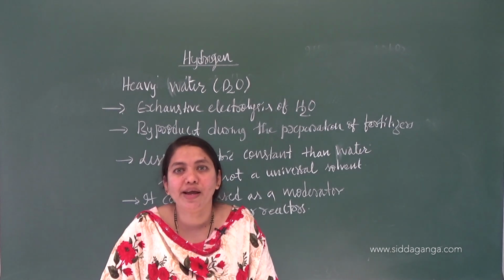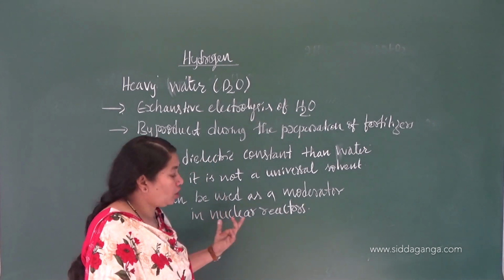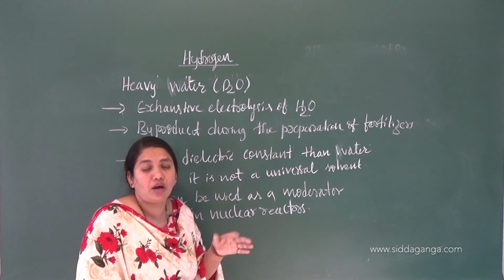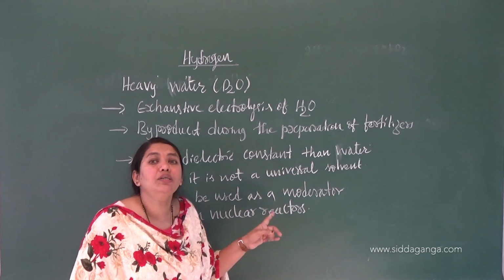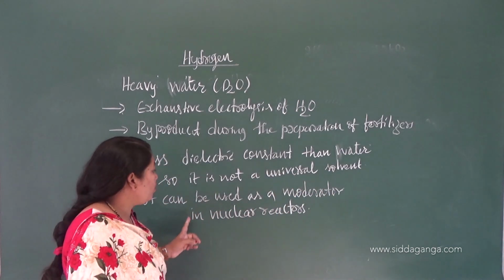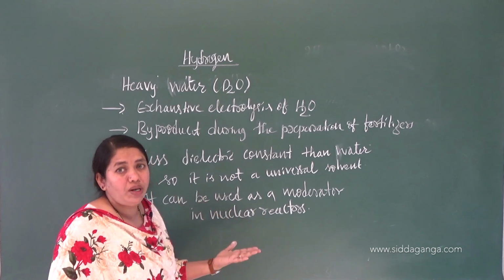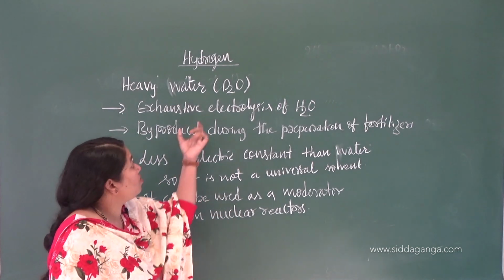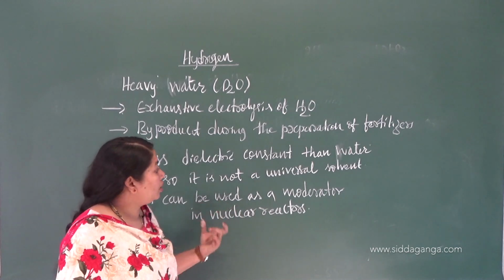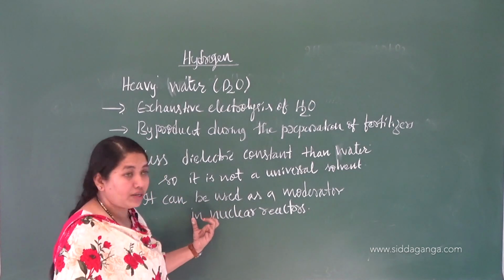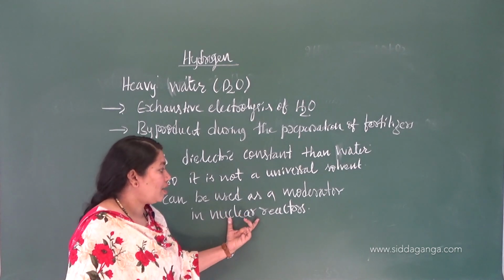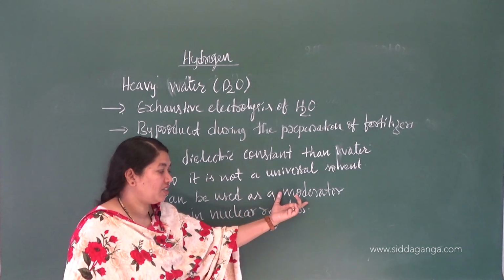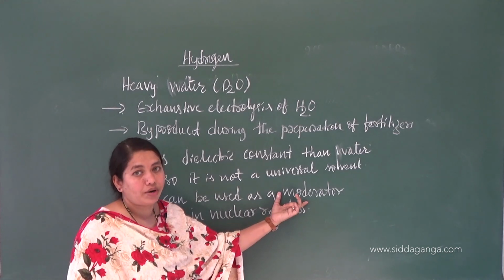During nuclear reactions there will be production of neutrons, and they have very high speed, they are highly energetic. So to control the speed of those neutrons we use many substances, and heavy water is one of them. So it acts as a moderator.